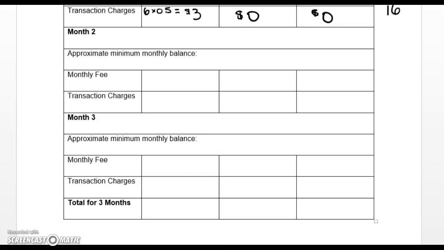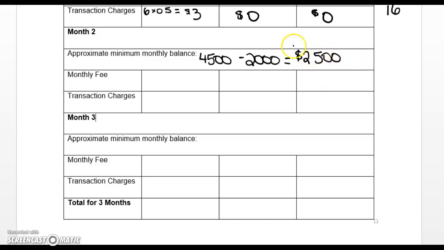So now let's go down to the second month. With your second month, Laura at the beginning of the month had $4,500, and she spent $2,000 on her living expenses. That left her with $2,500 in that account. So then let's go back and look at her monthly fee. Will she have to pay a monthly fee for any of these accounts?